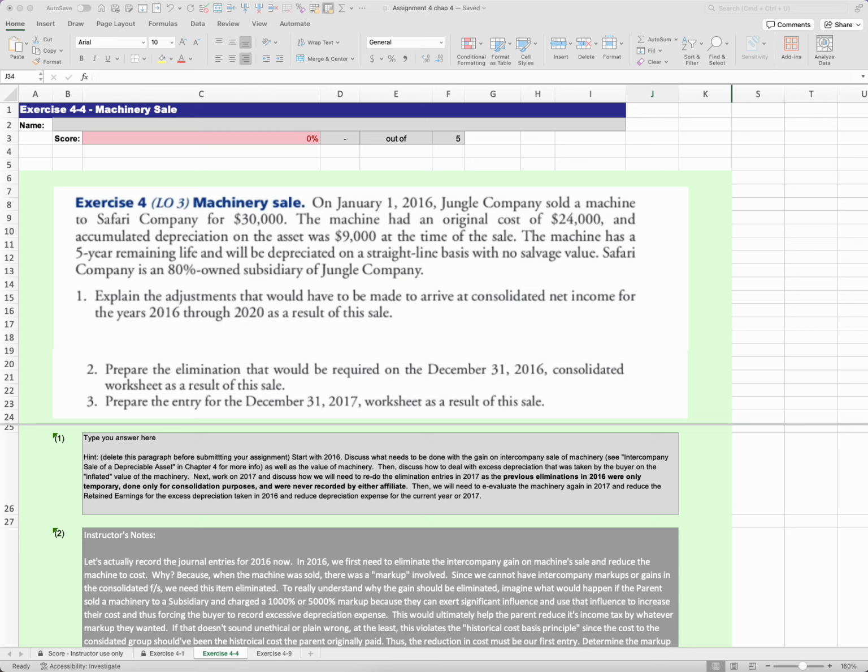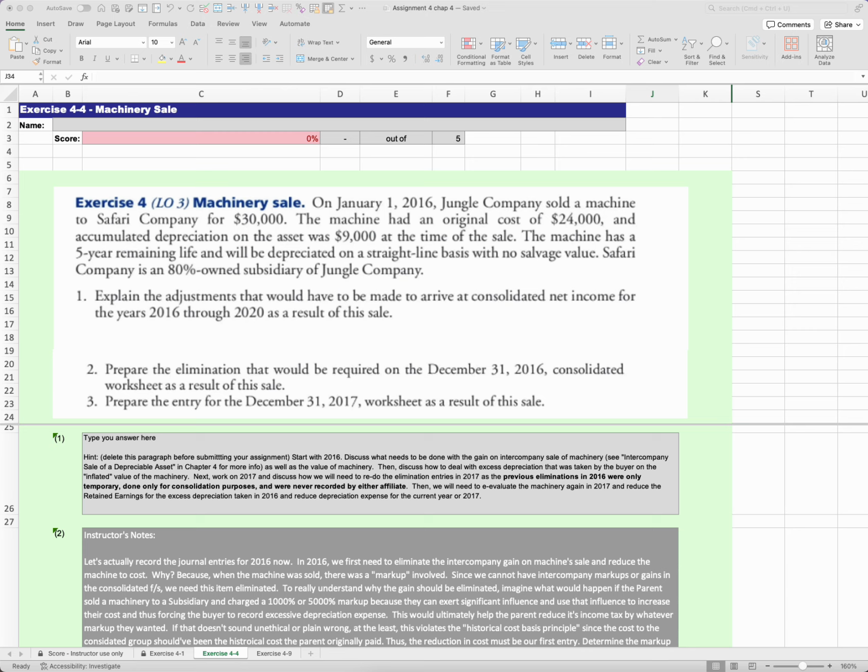The machine had an original cost of $24,000 and an accumulated depreciation on the asset was $9,000 at the time of sale. What this really means is that the book value, which is equal to cost minus accumulated depreciation, is equal to $15,000, which is $24,000 minus $9,000.